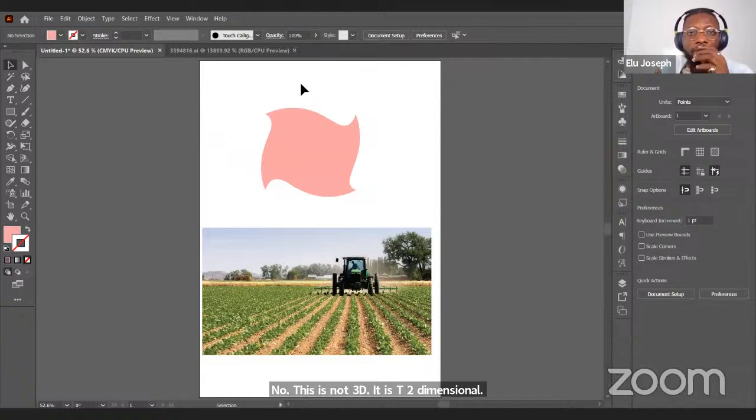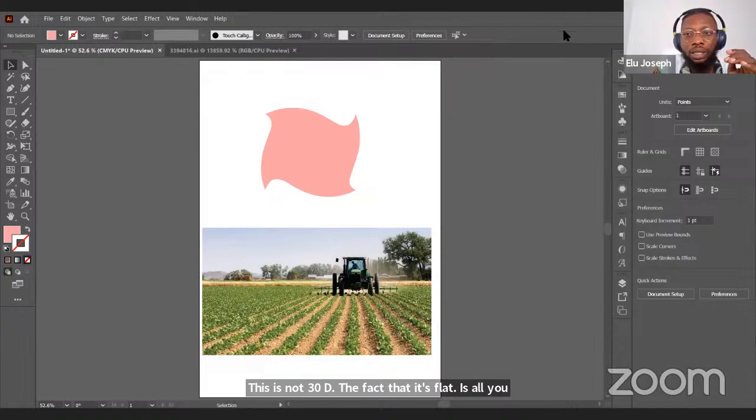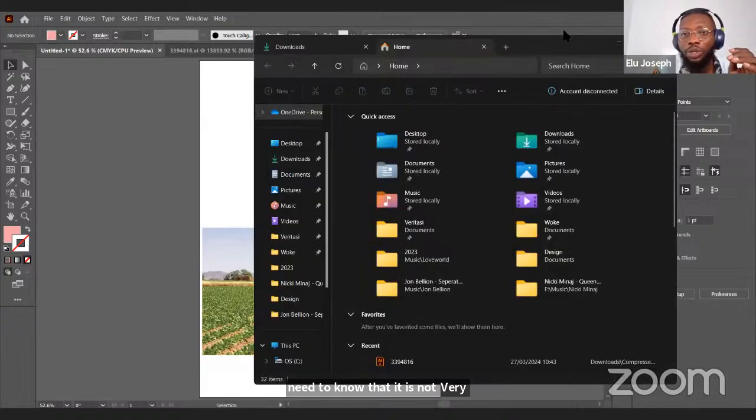Okay? Vectors are majorly flat, but they have hyper-realistic fields. It is not 3D. Yes, that's why it's flat. The fact that it is flat is all you need to know that it is not 3D. Let me show you another example.